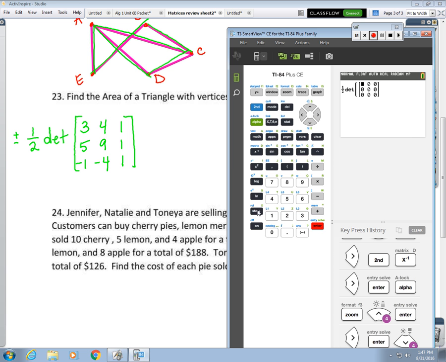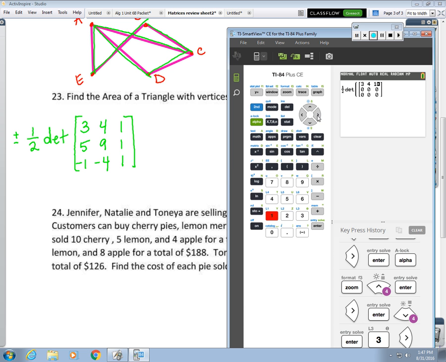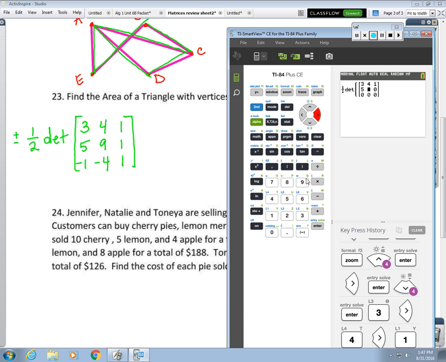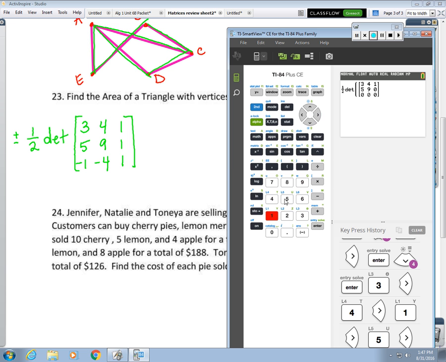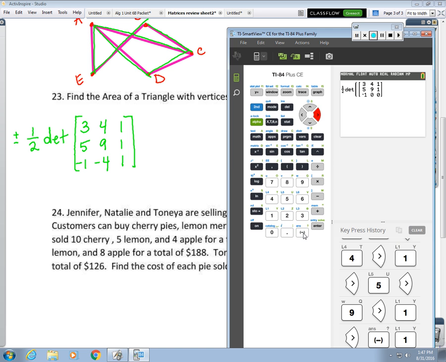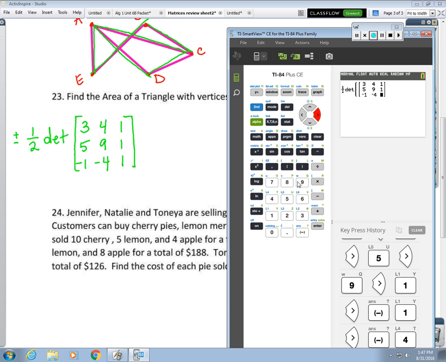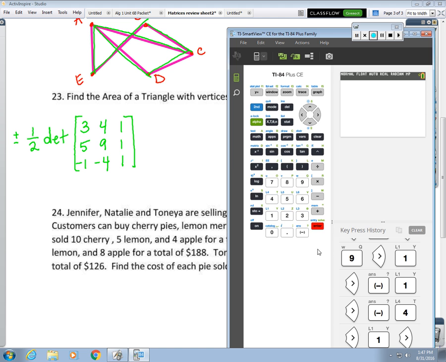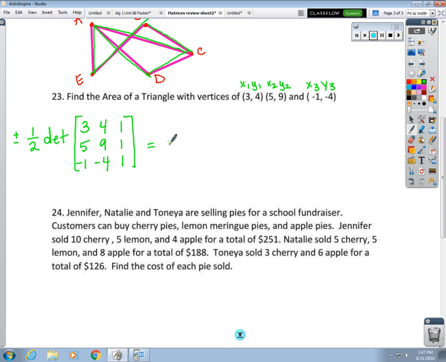And then you just type in those 9 elements. So 3, 4, 1, and then 5, 9, 1, and then negative 1, negative 4, 1. Okay, that's all you do. You don't have to close parentheses. And then, so your area is 2.